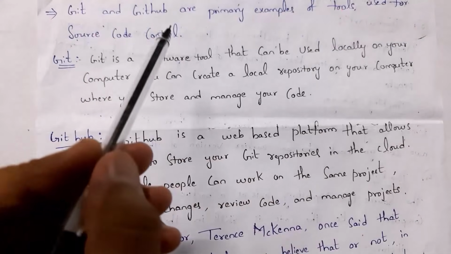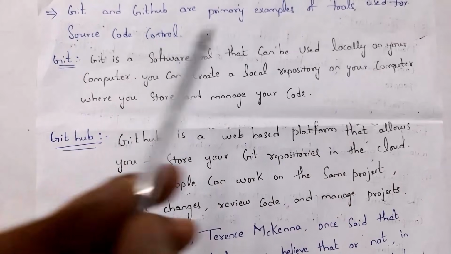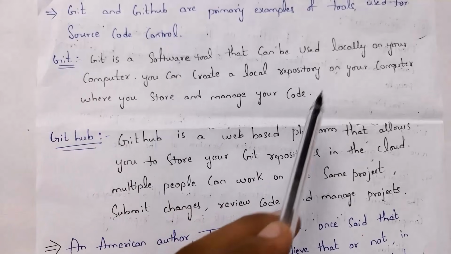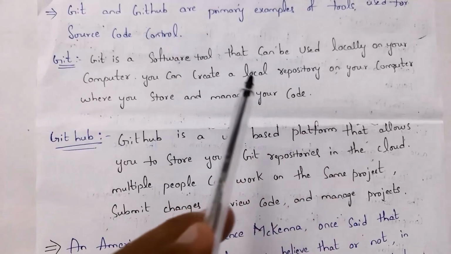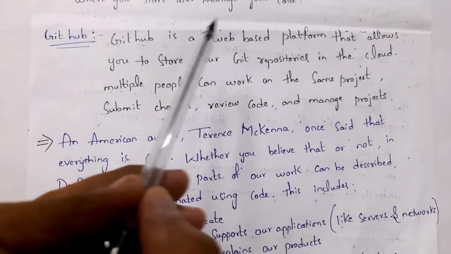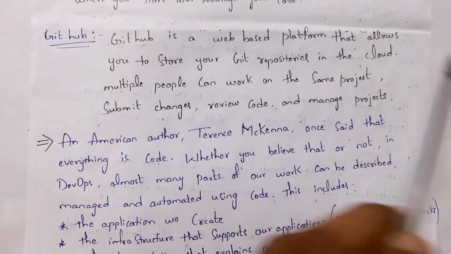Git is a software tool that can be used locally on your computer. You can create a local repository on your computer where you can store and manage your code. Guys, a repository is nothing but a place where we store all our files. So in your computer, you can create a local repository and store all your files in that repository. GitHub is a web-based platform that allows you to store your Git repositories in the cloud.